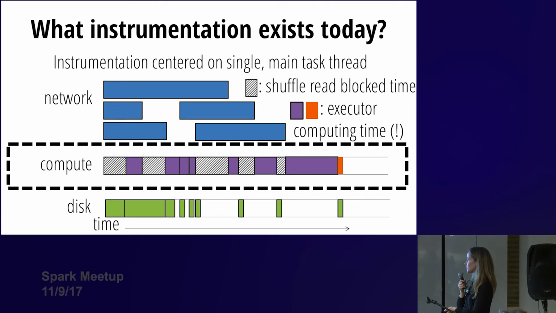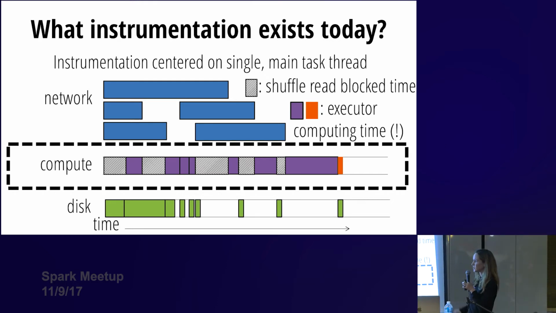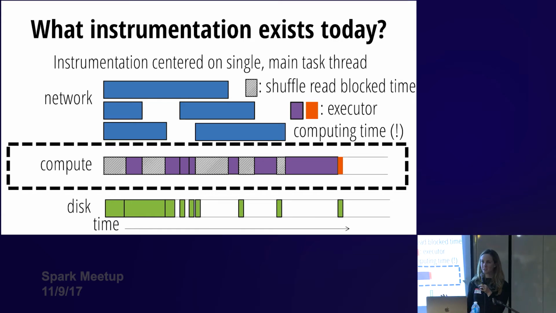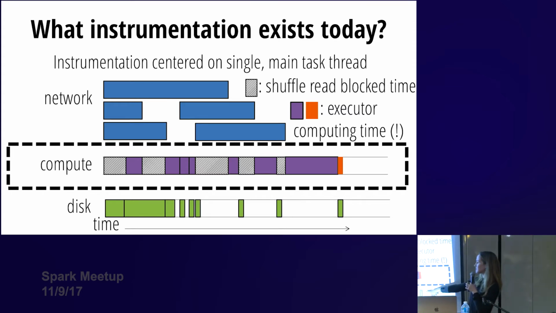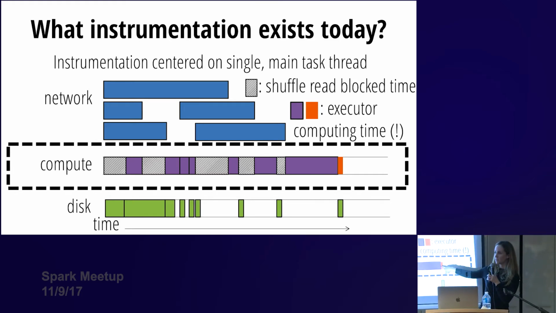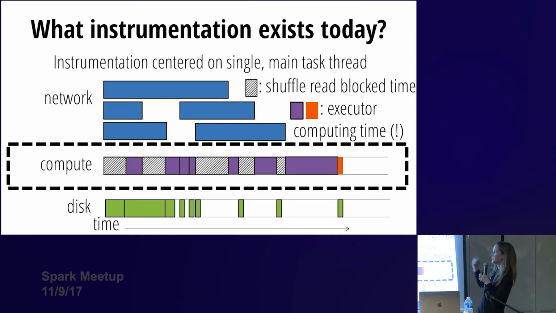Now, the other thing that Spark will tell you is the executor computing time. And you can already notice a problem with the existing Spark instrumentation. We call this the computing time, but this is kind of a lie. It's basically just the leftovers of everything else that Spark couldn't account for. In this particular example, there's this disk write right at the end here, that's this orange block. Ideally, Spark would tell you that that's the time to write output data, but instead, Spark tells you that that's the computing time.